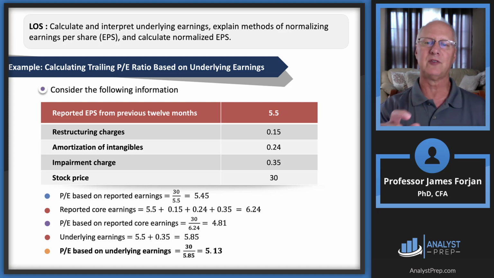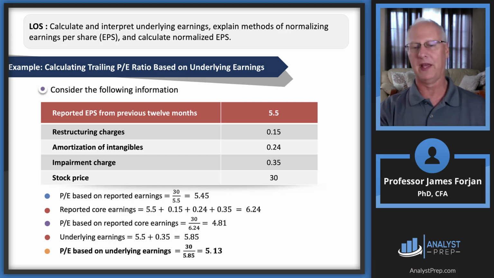And so you get a sense here, this is a really cool slide, a sense of, the 5.45, that means one thing. The 4.81, that means another thing. And the 5.13, that's the underlying earnings. That's the value that we want to use based on some of our adjustments. So make sure when you read the vignettes that you pay attention to management decisions based on some of these items.